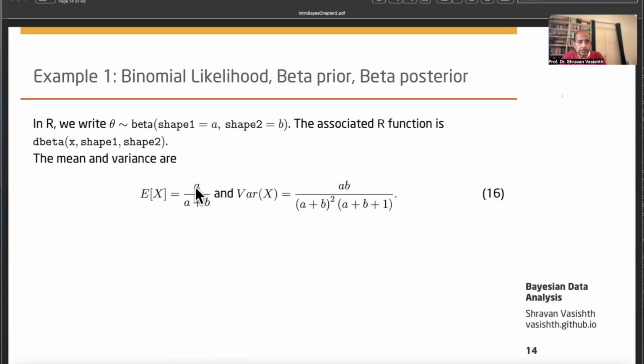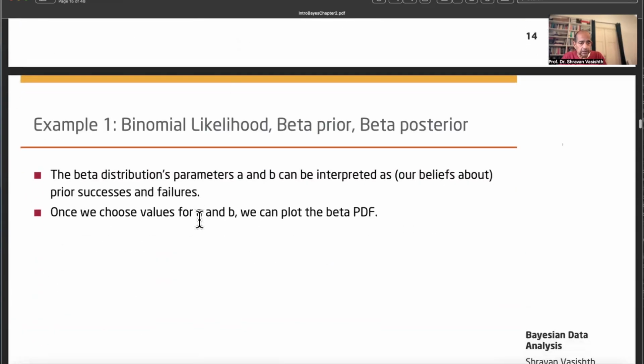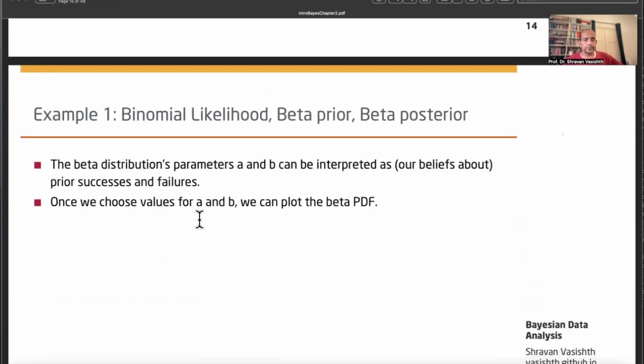So the expectation is the proportion of successes. So that makes sense. So as I said, the beta distribution's parameters A and B are going to be interpreted as our beliefs about the theta parameter, right?